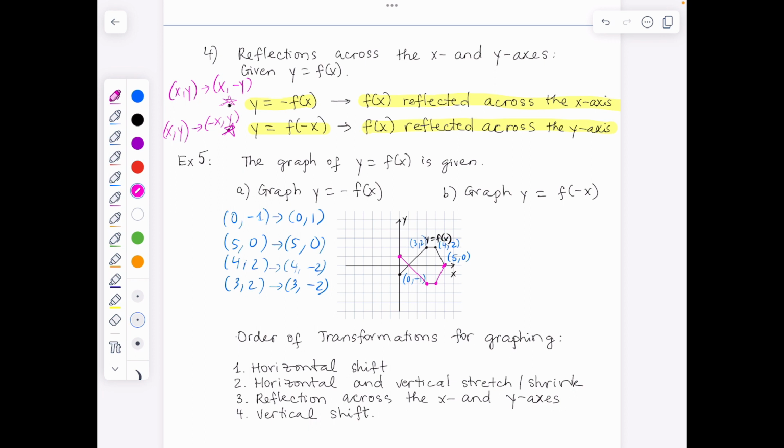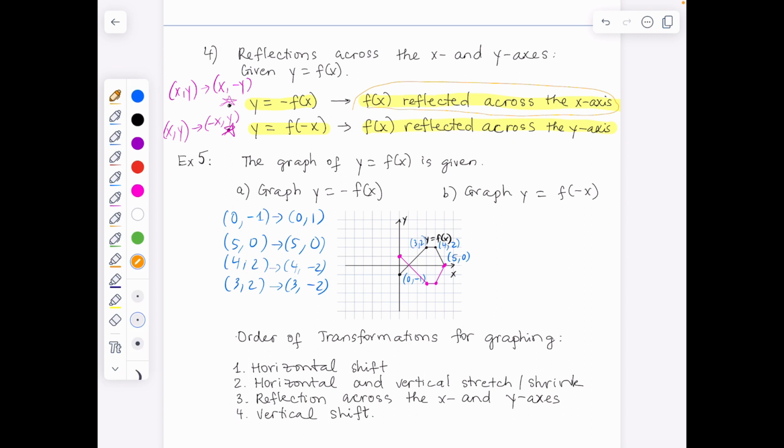Do you see that this is basically the original graph f of x that is being flipped upside down, which is consistent with the saying that the graph of negative f of x is the graph of f of x that is reflected across the x-axis. So the x-axis acts like a mirror, and one is a reflection of the other over that mirror, which is the x-axis.